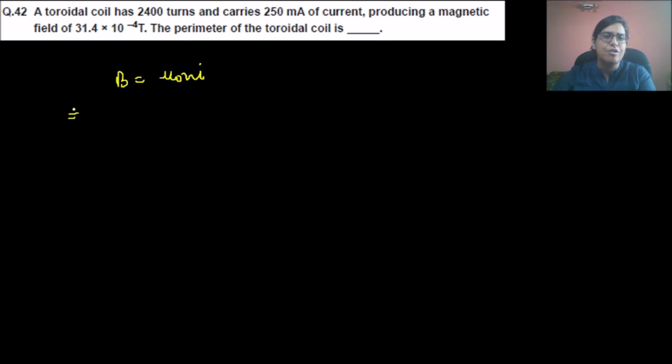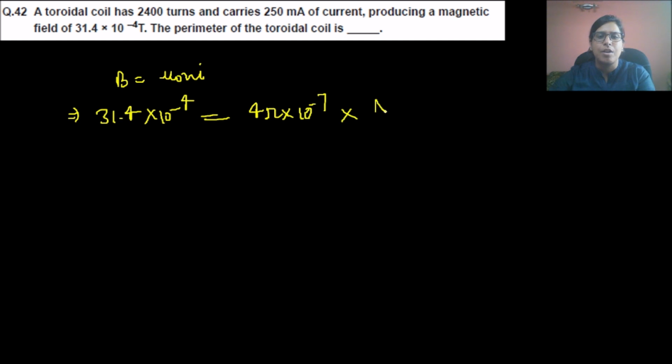If we put the values, B is given 31.4 into 10 raised to power minus 4, mu naught, you know, 4 pi into 10 raised to power minus 7. Remember this value of mu naught. Then n is number of turns, given 2400 upon 2 pi rm. 2 pi rm is actually the parameter of the toroid.